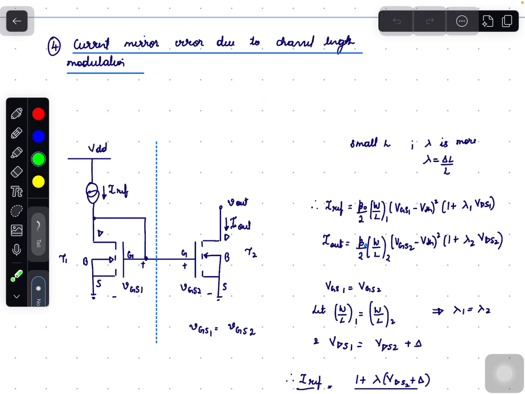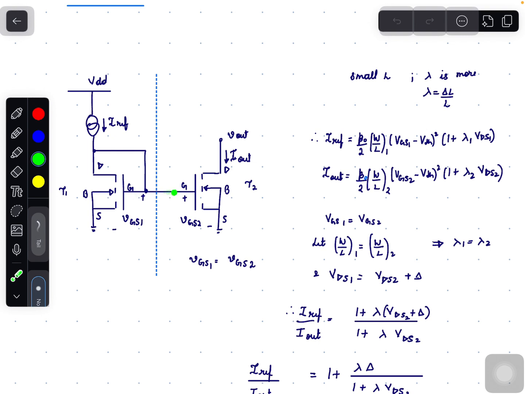So it results in the equation IREF, that is the current through T1, equal to β0/2 W/L of 1 into (VGS1 − VTH) the whole square into (1 + λ1 VDS1), and the current through the drain of T2, Iout, equals β0/2 W/L of 2 into (VGS − VTH) the whole square into (1 + λ2 VDS2).